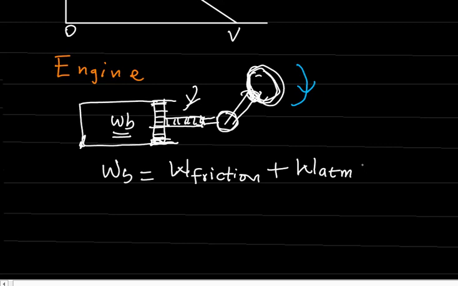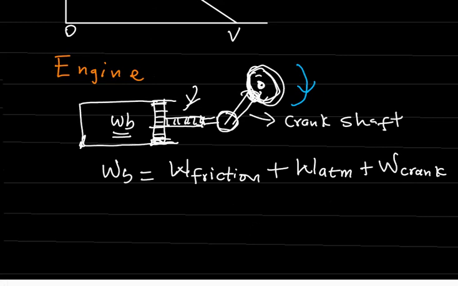Then finally, that is work that is done on this particular crankshaft. The crankshaft is actually connected to the external wheel or whatever is being rotated. Okay, so we have three works now: work against friction, work on atmospheric pressure, and work on the crankshaft.